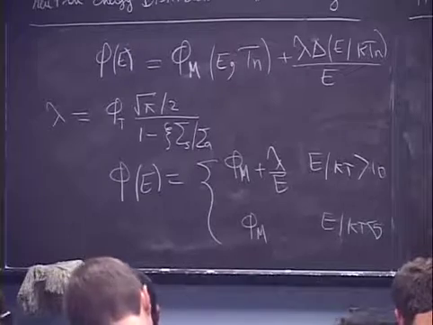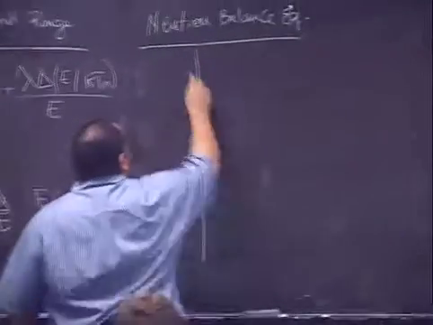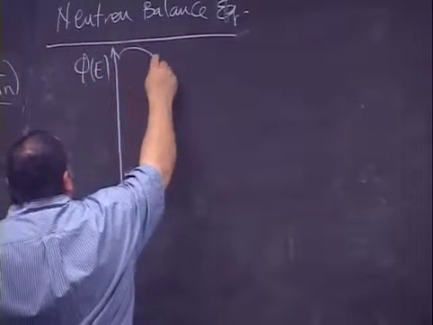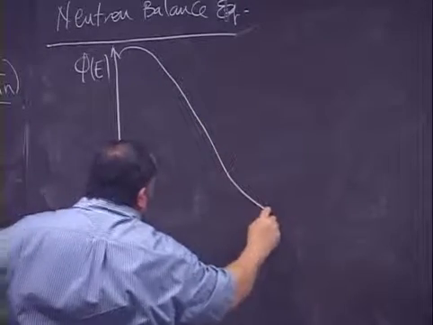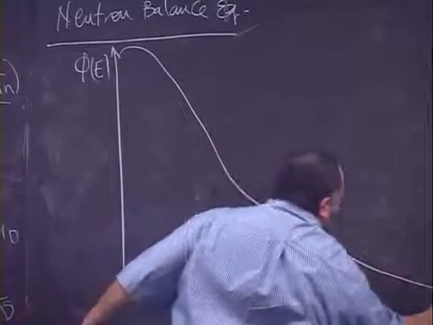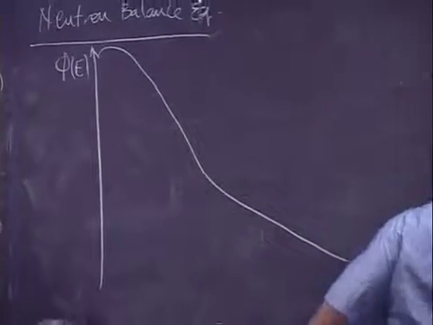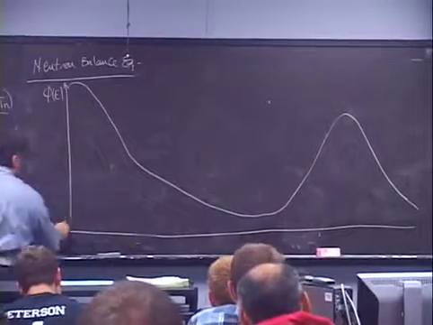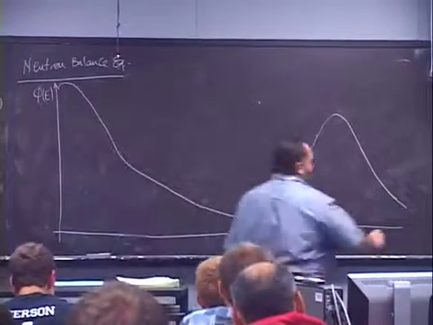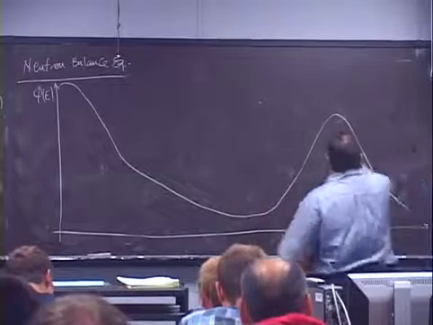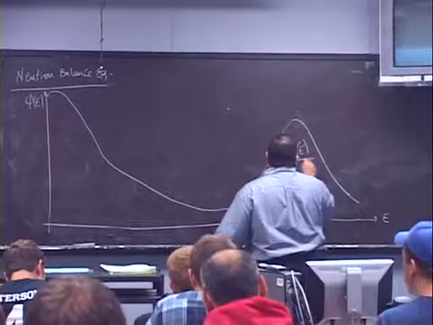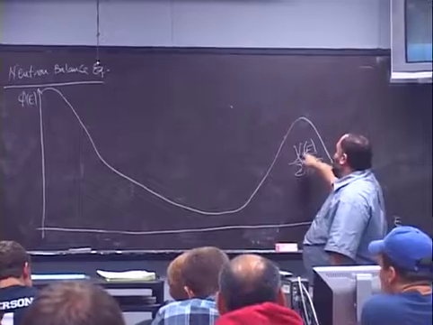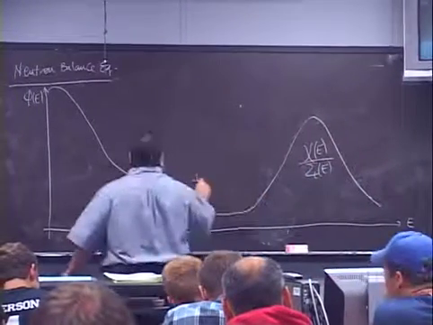So this will be the flux as a function of energy, and you have a Maxwellian but it's modified by 1 over E. Then you have some chi, so this is chi of E over sigma total of E. If sigma total at high energy is constant, it will be just chi of E. Then you will have 1 over E here.